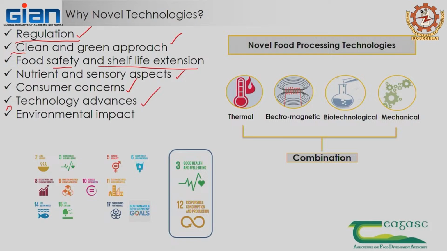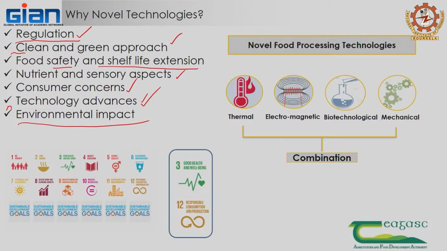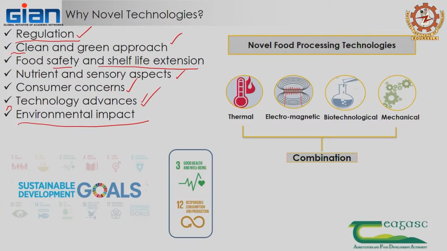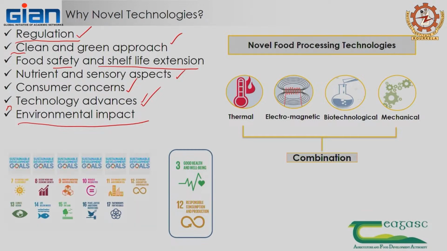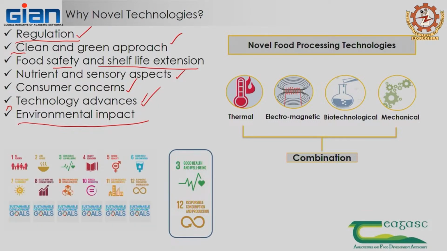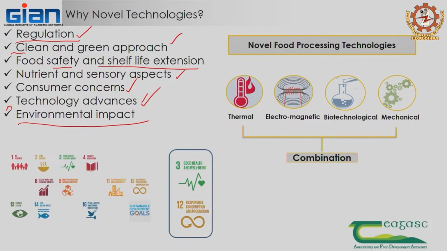But new technology is coming in, from 3G you go to 4G, now you go to 5G. So, that is one of the drivers for new technology, and another is environmental impact. Current processes have a huge impact on the environment, and you try to adopt new technologies so that the environmental impact of processes is reduced.